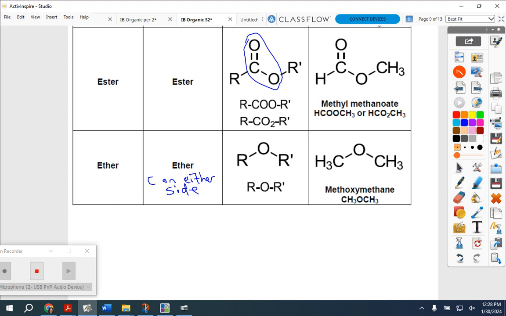I don't know if that's helpful or not, but I could actually change this to there's a chain on either side, as opposed to the ester that has the carbonyl on one side of the oxygen. So that's all our oxygen-containing functional groups.